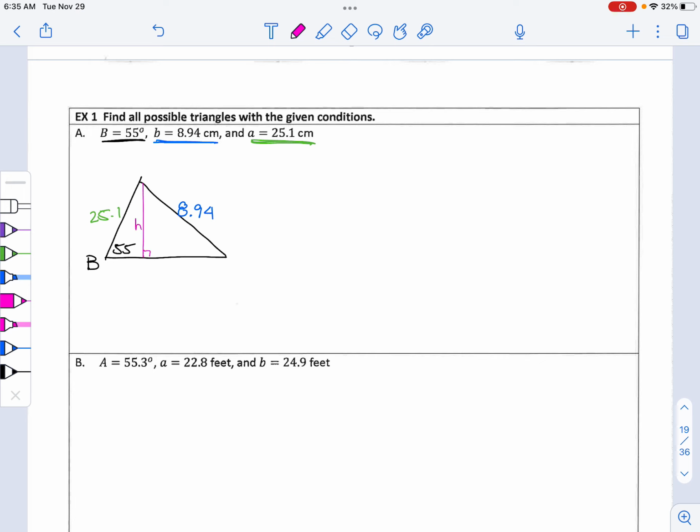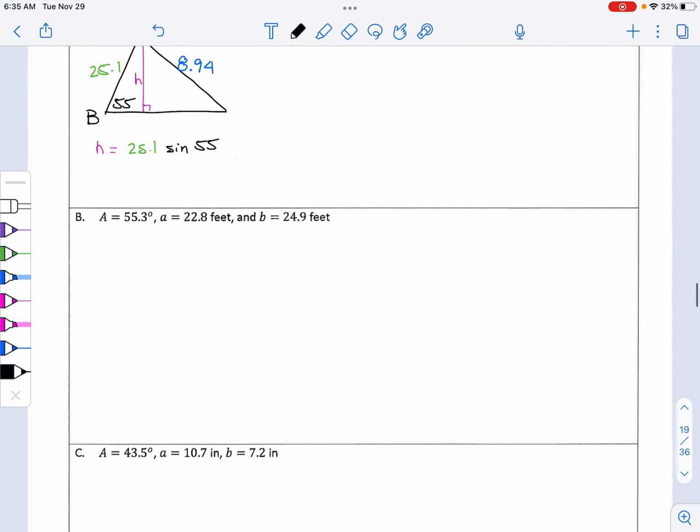Let's find that height. Let's do some comparison so I know how many triangles I'm even looking for in this picture. So we defined this using SOHCAHTOA, and we said that my height based on SOHCAHTOA is equal to my other side times the sine of the angle.